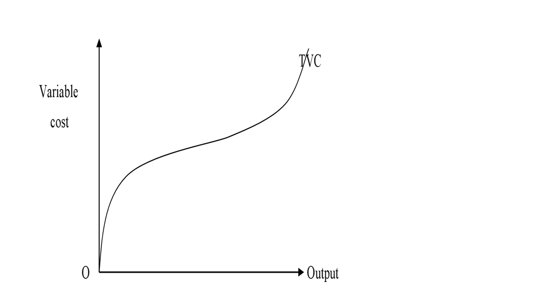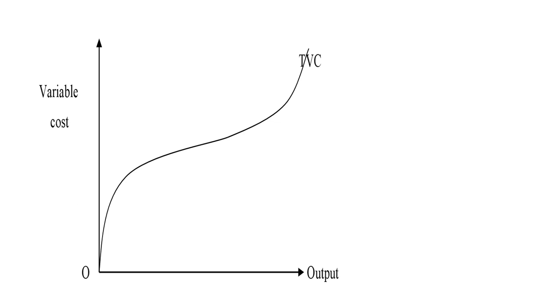If you draw a line from 0, the origin, to touch any point on the total variable cost curve, and you find the slope of that line, then the slope of that line will give you the average variable cost at that point it touches on the total variable cost curve.